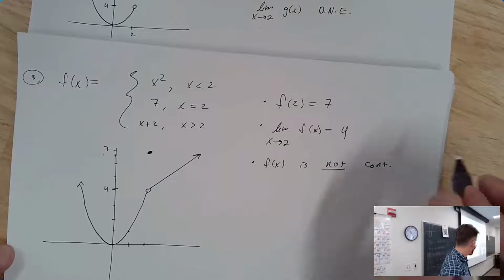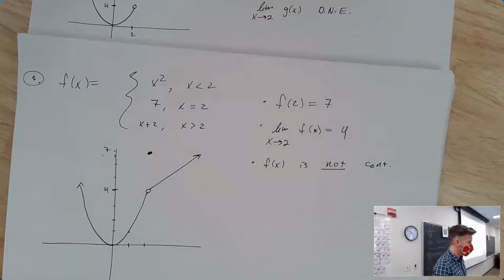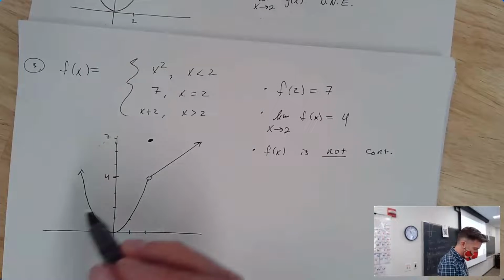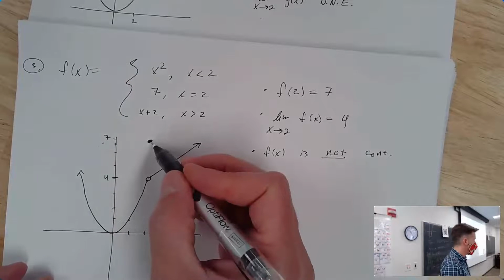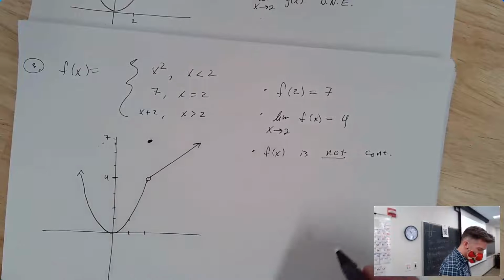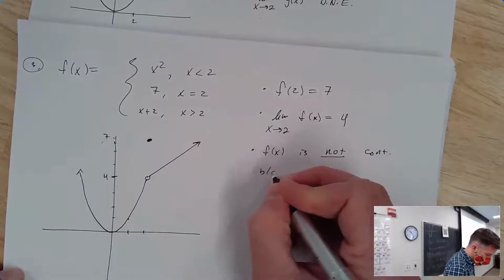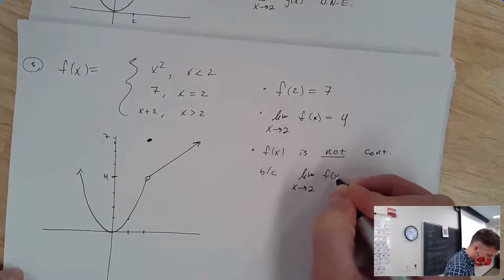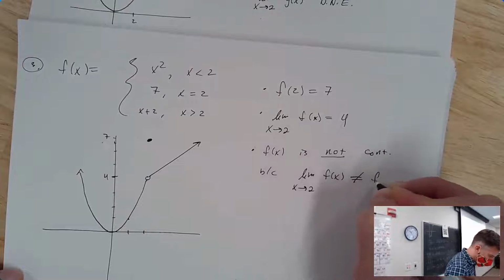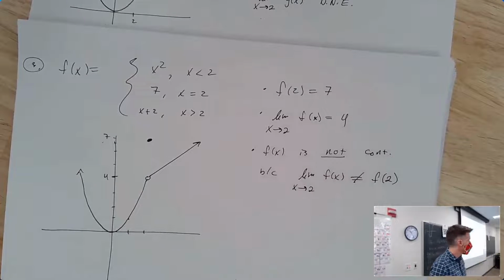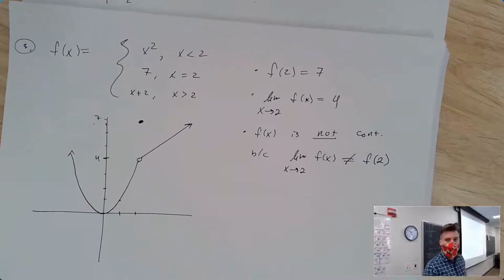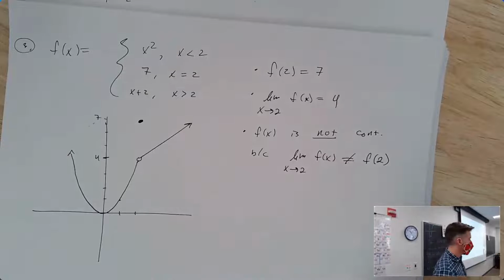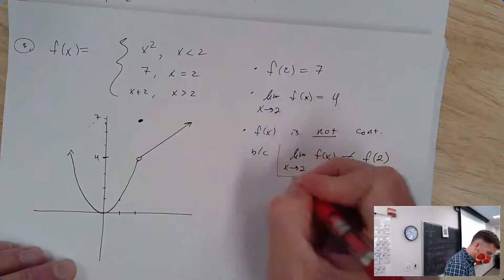And again, from a very basic point of view, you can see it's not continuous because when I graphed it, I couldn't graph it without lifting my pen off the paper. I had to jump up there to get that point. It's not continuous because the limit as x approaches 2 of this function does not equal the function evaluated at 2. And really, when we talk about continuity, you can sum it up all in just this piece here.